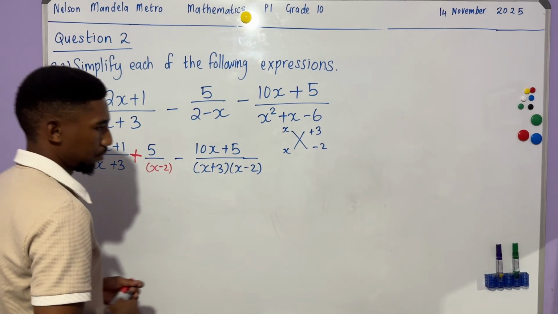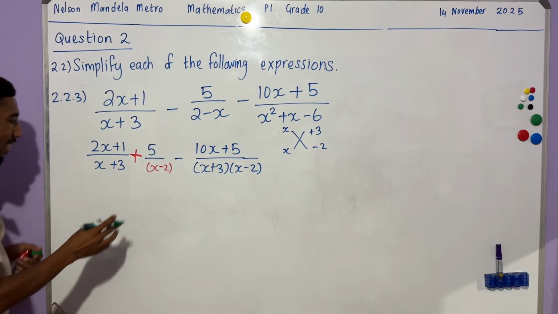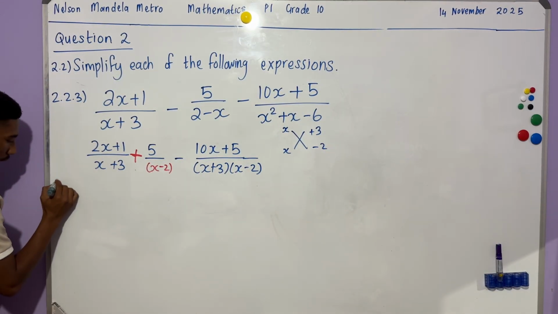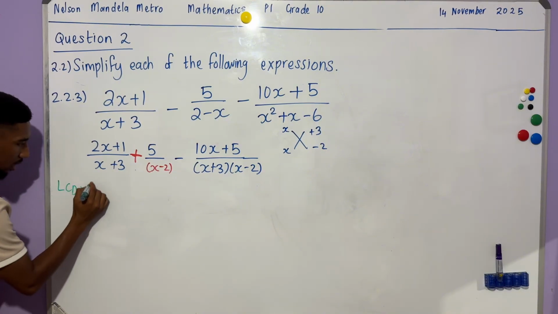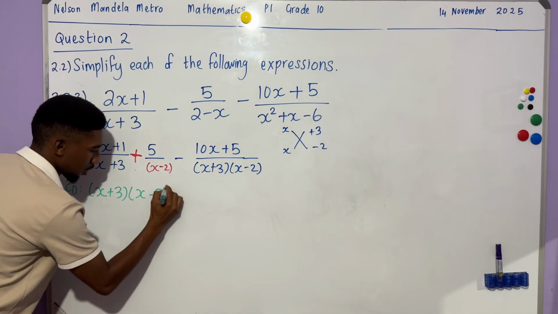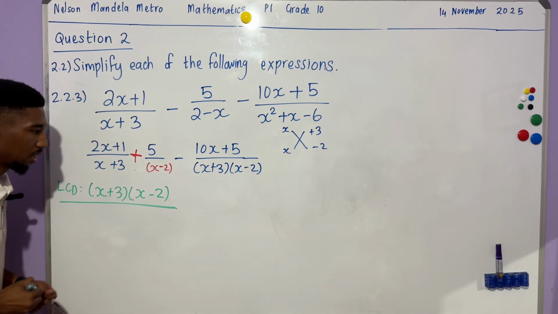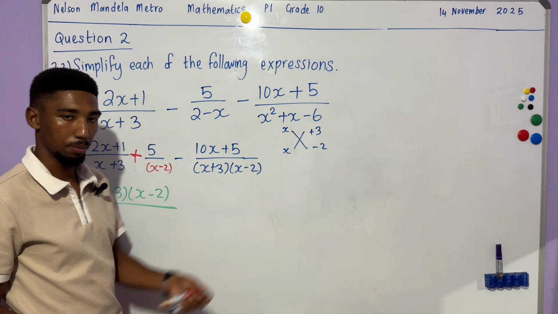Looking at this now, we now have an LCD. The LCD is in brackets x plus 3 brackets x minus 2. That is our LCD over there, our lowest common denominator.